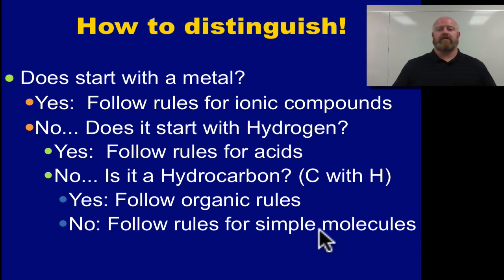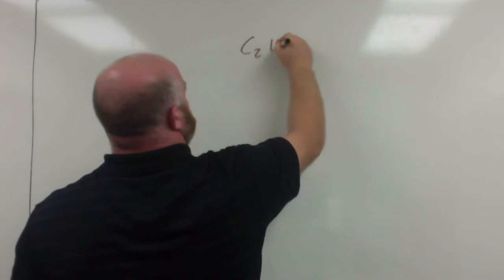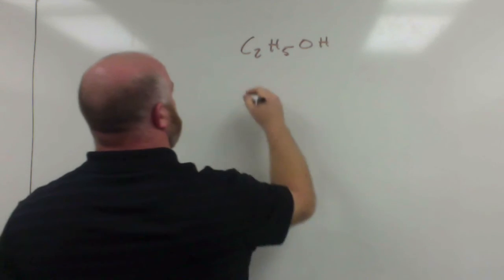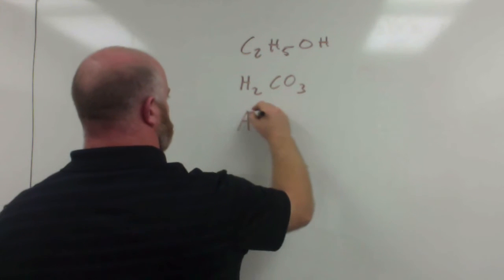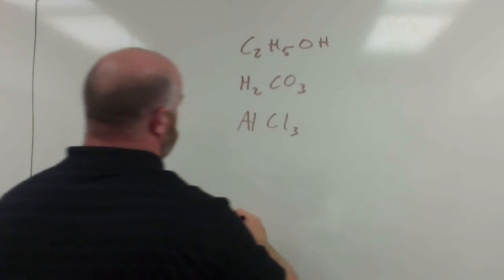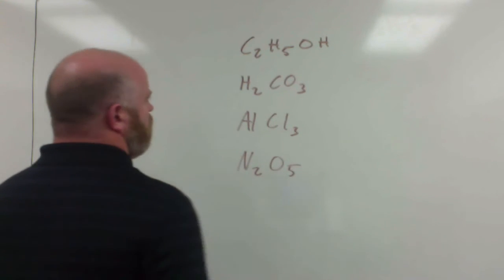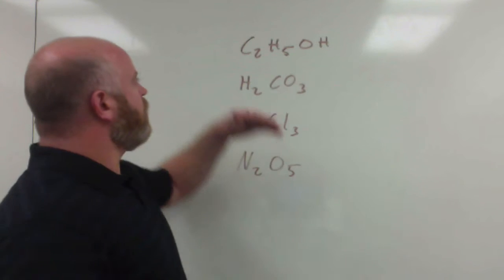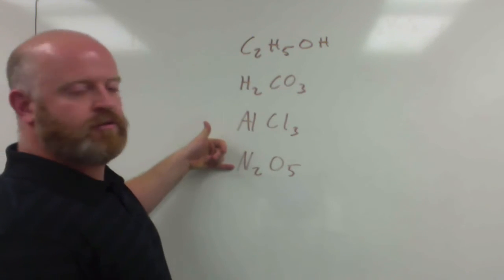Okay, so let's take a look at some examples on the board, and we'll see which category each one would fall into. We write down 4 different possibilities: C2H5OH, H2CO3, AlCl3, and N2O5.